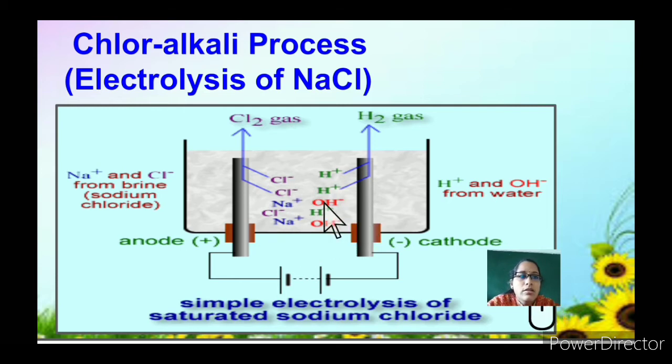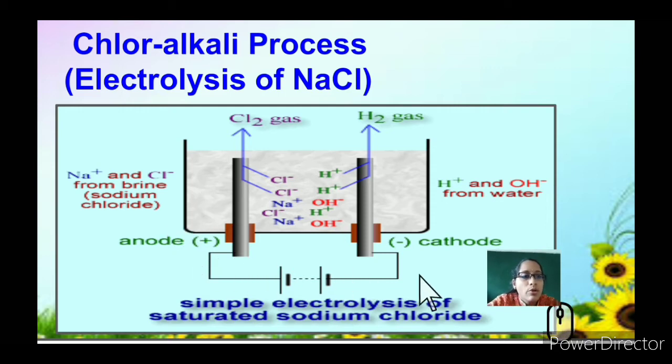Here you can see H plus and OH minus from the water get dissociated. Hydrogen, which is positive, goes and attaches to the cathode, and chlorine minus gets attached to the anode. Sodium gets attached to the cathode. You can see Na plus and Cl minus from the brine solution.